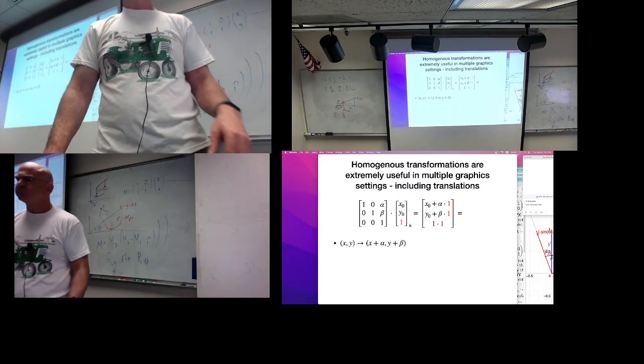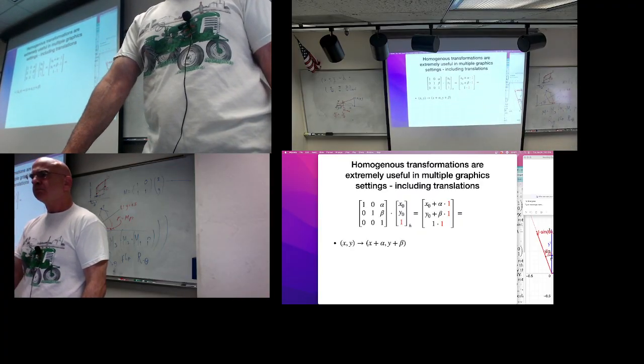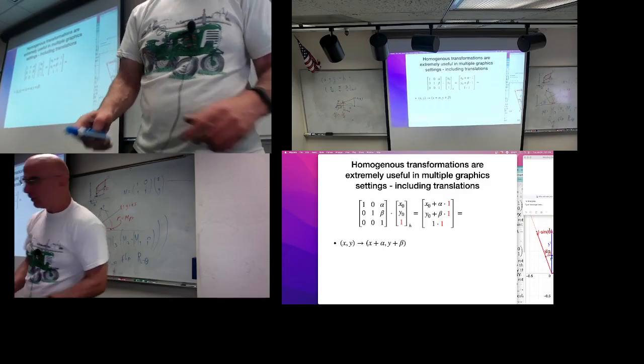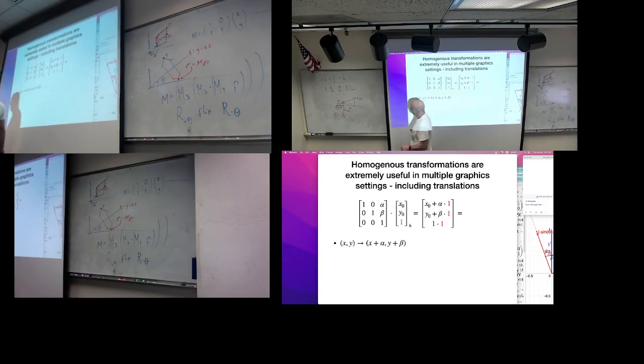What would rotating by theta look like with homogeneous coordinates? Excellent question. We had all the friendly transformations that didn't need homogeneous coordinates, and they were written as a 2 by 2 matrix. All the friendly transformations except the translation were written as a 2 by 2 matrix.